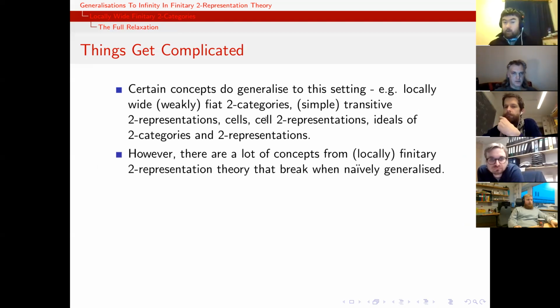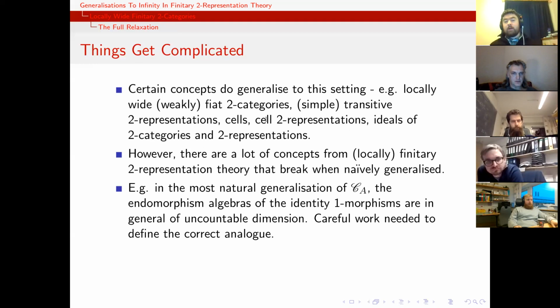However, there are a lot of concepts from finitary and locally finitary two representation theory that break if you try to naively generalize them. To give a baseline example, for the most natural generalization of CA, it turns out that the endomorphism algebras of the identity one morphisms are in general of uncountable dimension, and the definition only keeps countable. So to define the correct analog needs some careful work.